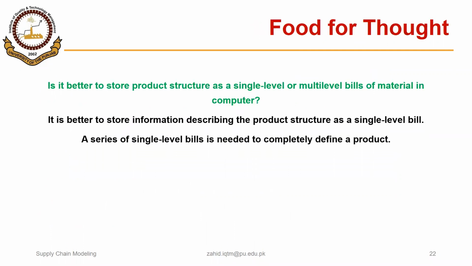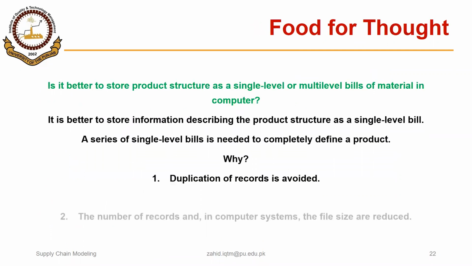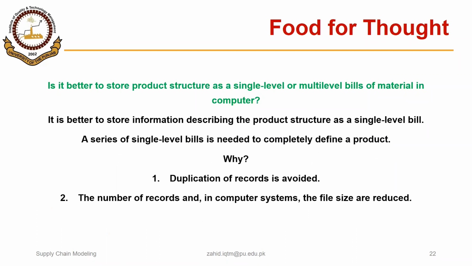It is better to store product structure as a single level rather than a multiple level bill of material in a computer. As we discussed, it is better to store information describing the product structure as a single level bill. A series of single level bills is needed to completely define a product. In this case, we can avoid duplication.